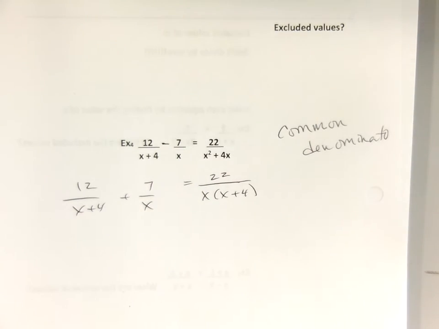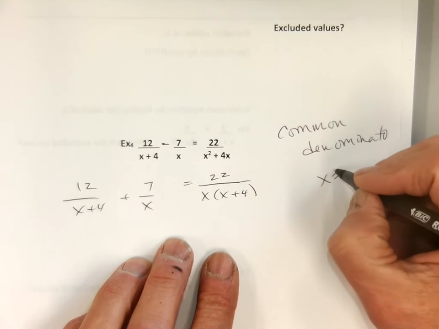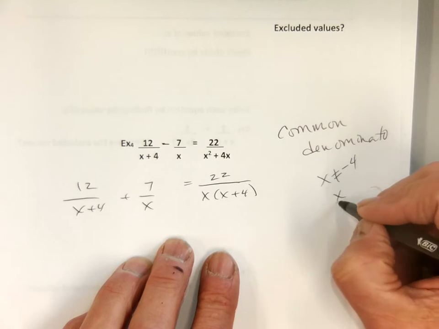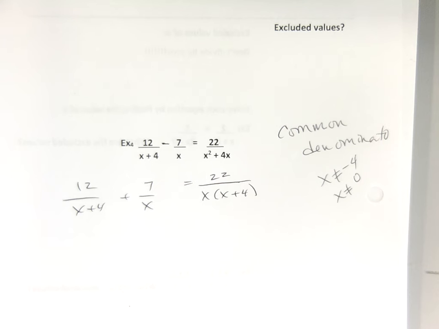I do know x cannot equal negative 4, and x cannot equal 0. All right? This problem is going to get easy, but you got to let me show you the trick. It can't be 0 because 7 over 0 is bad news. Can't be negative 4. Negative 4 plus 4 is 0, and you can't divide by 0, right?